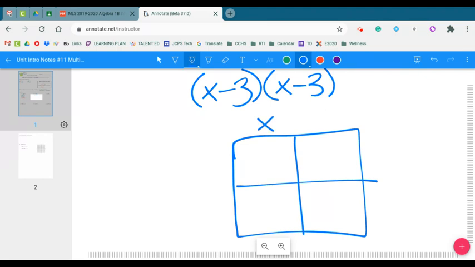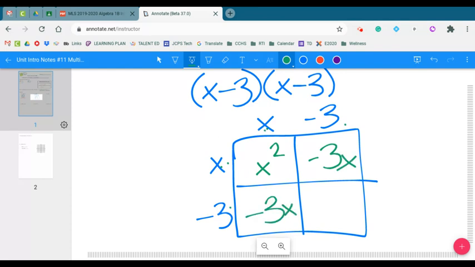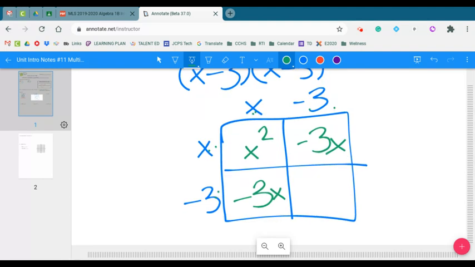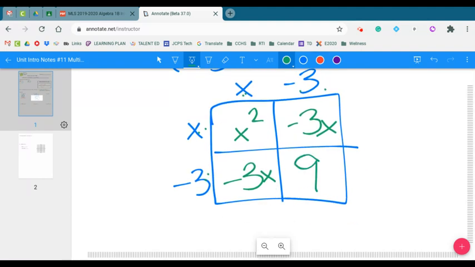So I have x and negative 3 and x and negative 3. So x times x is x squared because they both have an exponent of 1, so I add them. Negative 3 times x is negative 3x. X times negative 3 is negative 3x. And then negative 3 times negative 3 is going to give me a positive 9.